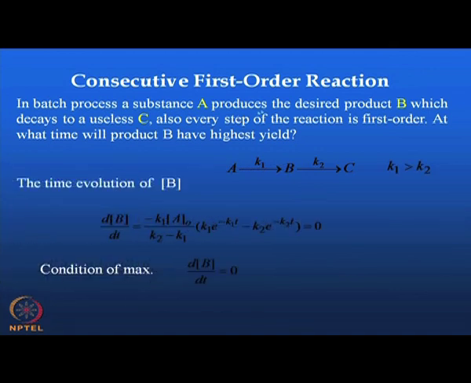Our question is, at what time will product B have the highest yield? That means we have to calculate that time, and then we have to isolate the product from the reaction mixture at that time, say after 1 hour from the start of the reaction.